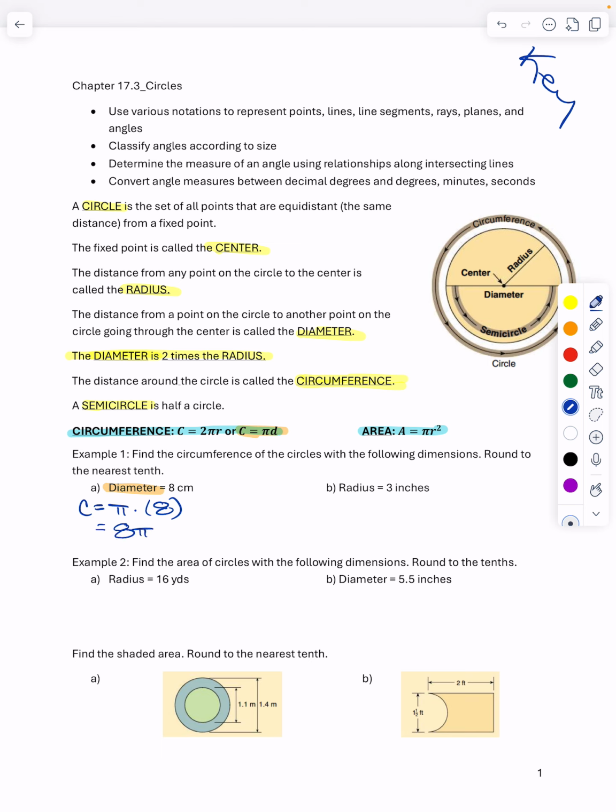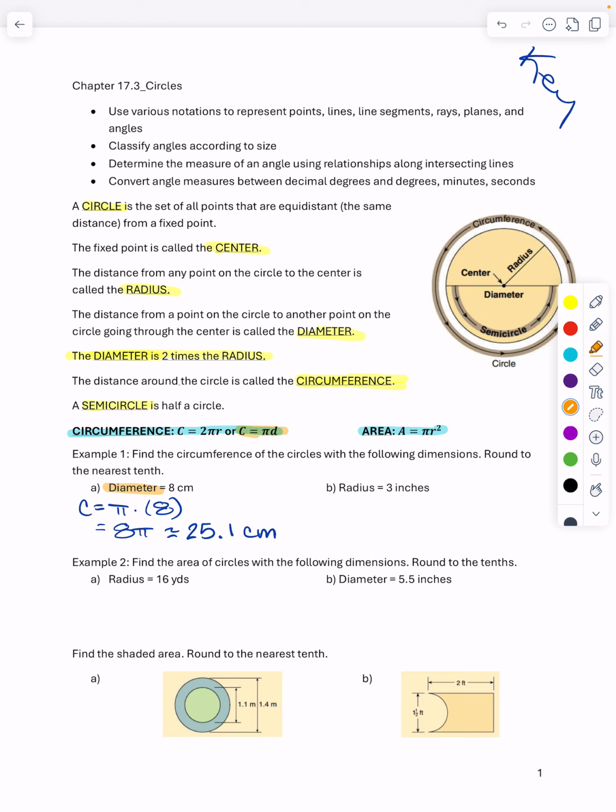So 8 pi. When we plug that into the calculator, we get 25.13. It says round to the nearest tenth, so 25.1 centimeters.